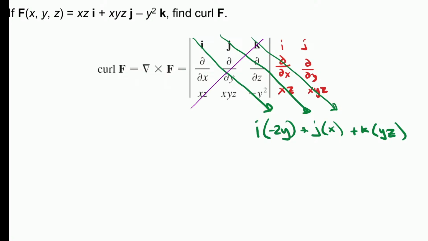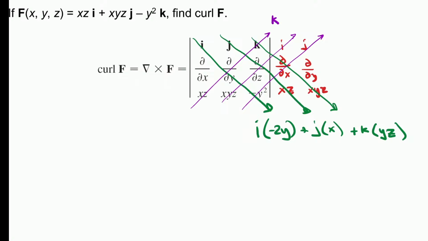You might have a better or different way of doing this, and that's fine. The only problem with the up arrows is that you have to read backwards. This will be k times the derivative with respect to y of that thing. So what's the derivative with respect to y of that first component? 0. Oh, it is 0.